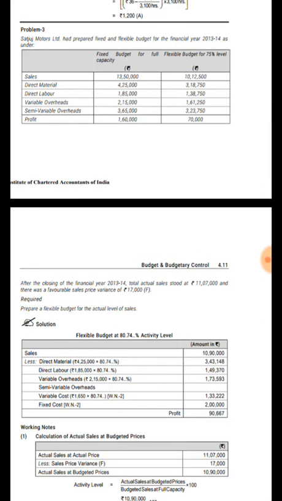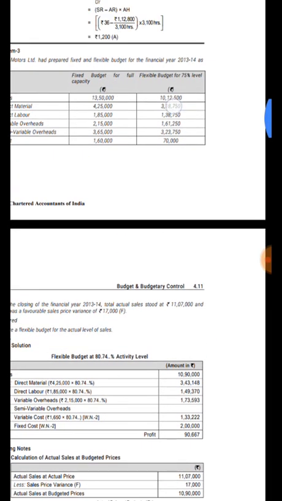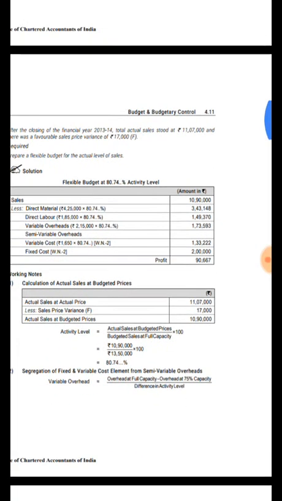It is nothing but change in overhead divided by change in activity. Units are not given here, so change in activity level is used. We have 25% from this, 100% to 75%. So 3,65,000 minus 3,23,750 divided by 25. That's what they have done here.